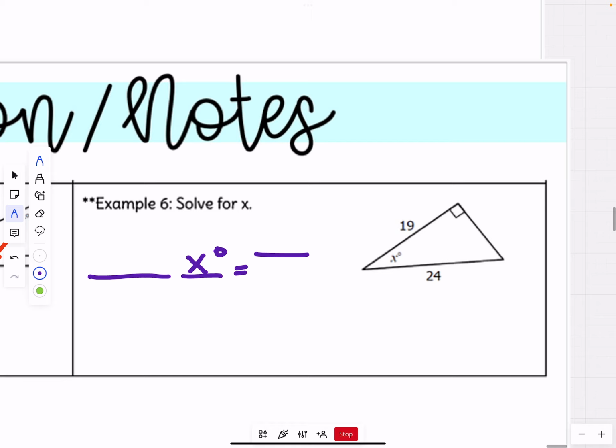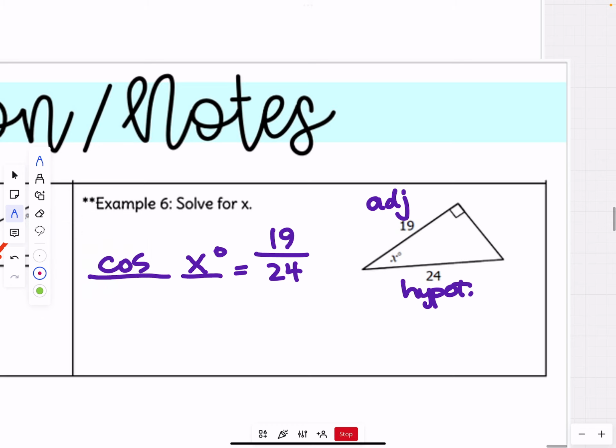Now, what do I know in this triangle? I know my hypotenuse, and I also know my adjacent. So which trig function is adjacent and hypotenuse? That's cosine. And cosine is adjacent over hypotenuse, so 19 over 24.